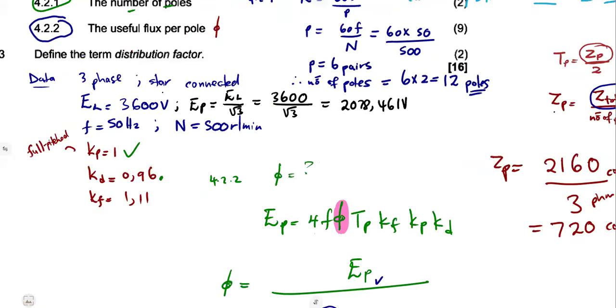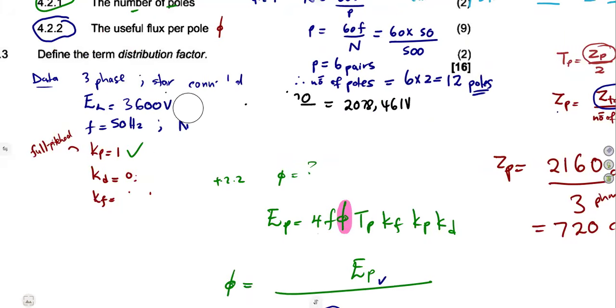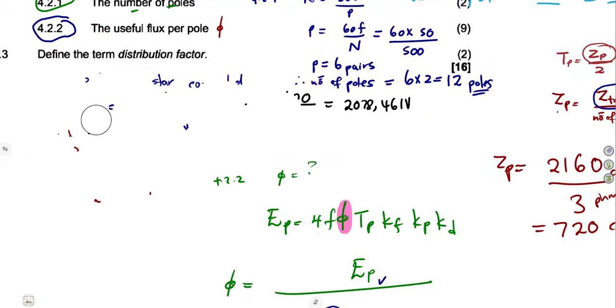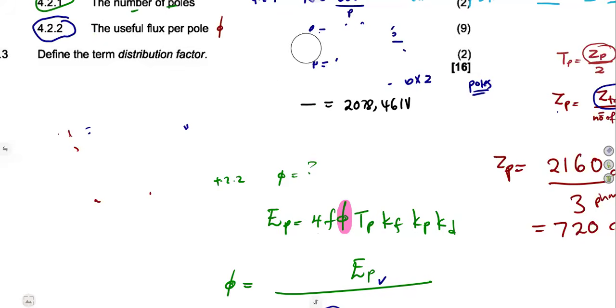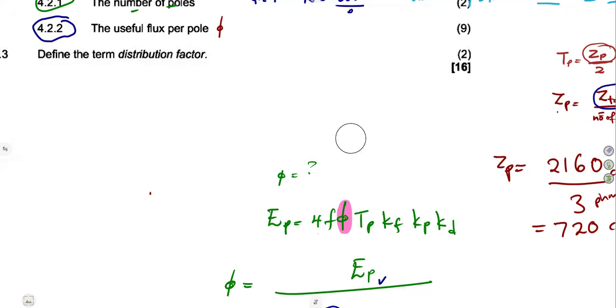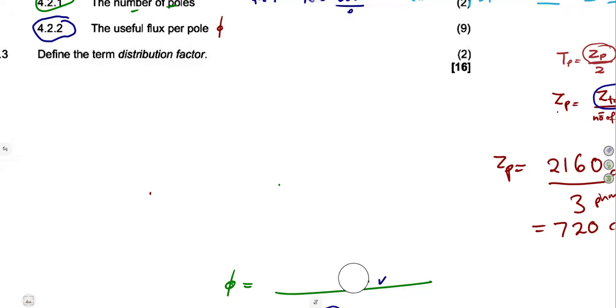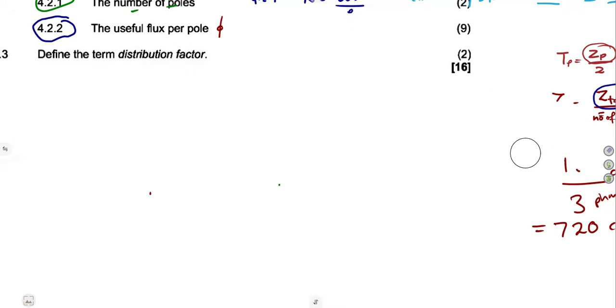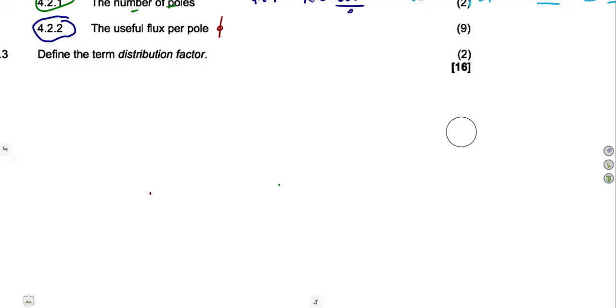All right, then the other part here was to define the term distribution factor, for 2 marks. So guys, I talked about the distribution factor on the introduction. The first one that I described there, it was because we were not given on the introduction. Like I said, guys, now I'm not going to write these definitions that we had on the introduction. So can we go through our introduction video where we had these definitions.